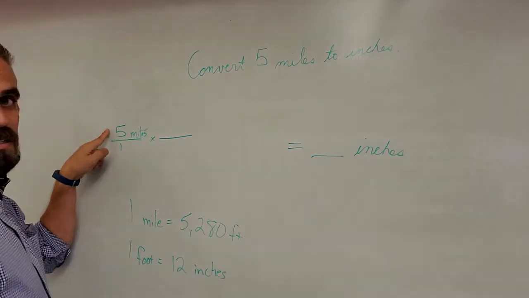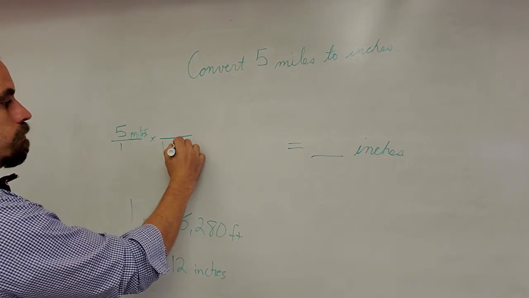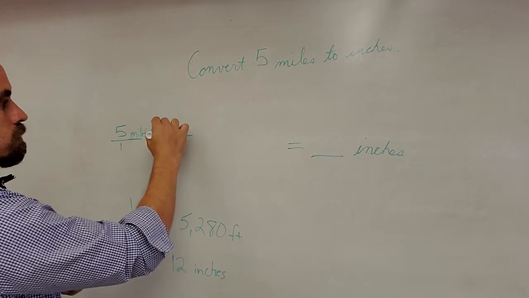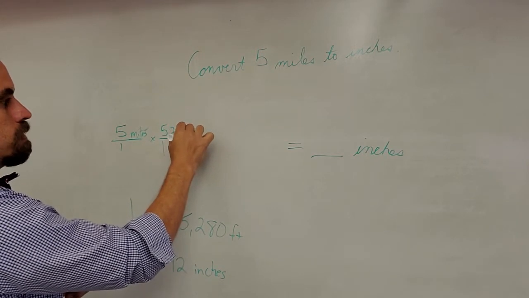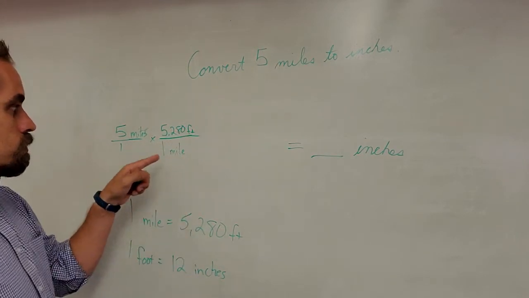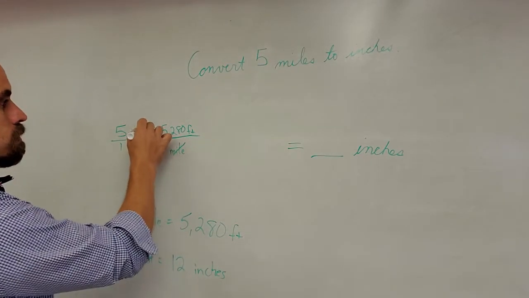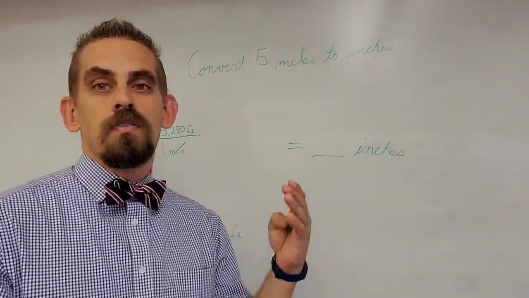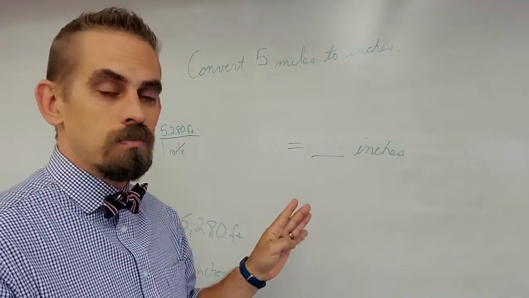Since miles is on the top right here, we want it on the bottom here. 1 mile is equal to 5,280 feet. All right, so we see miles both on the top and the bottom. We can cross them out. It's just like having the same number on the top and the bottom. If there's a label that's on both the top and the bottom, you can get rid of it.